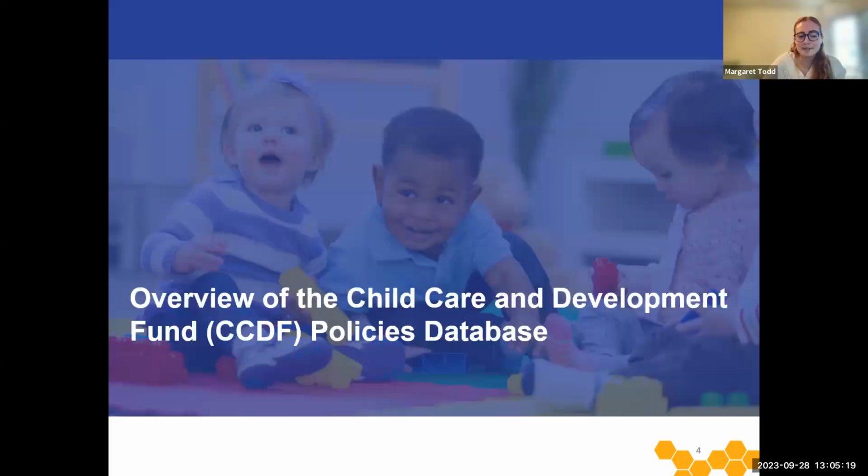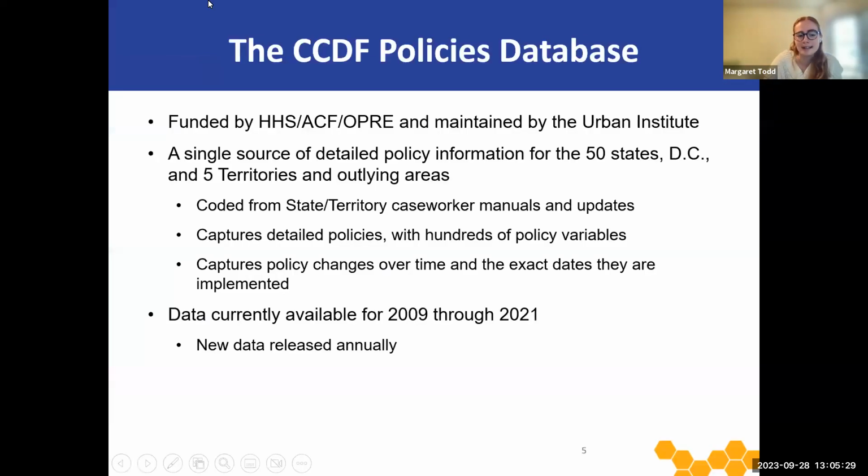Hi, I'm Margaret. I'm a research assistant at the Urban Institute, and I'm going to provide a brief overview of the Child Care and Development Fund Policies Database. The CCDF Policies Database provides a single source of detailed policy information for the 50 states, DC, and 5 territories and outlying areas. The policies in the database are coded from the state and territory caseworker manuals used to administer the program.